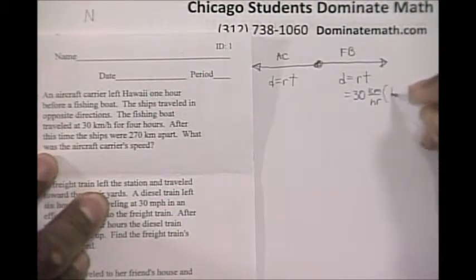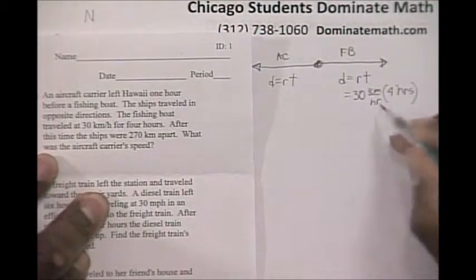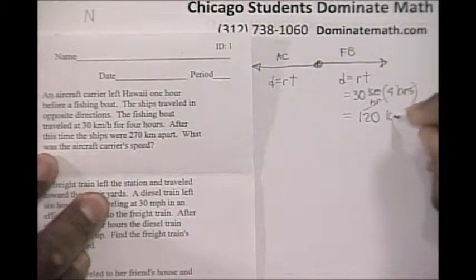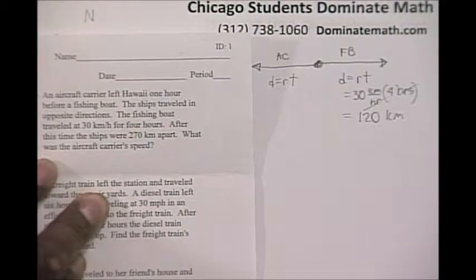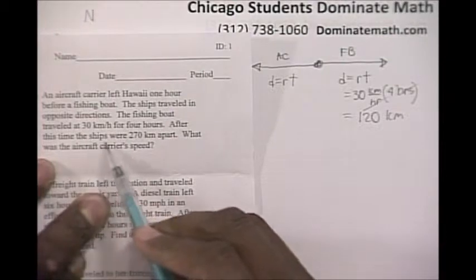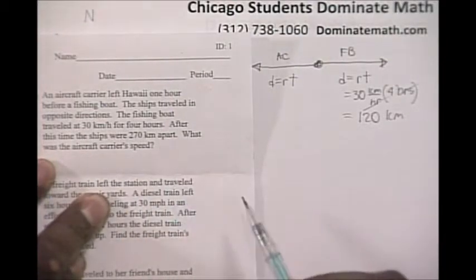So let's multiply that by 4 hours. The hours cancel, and you end up with 120 kilometers.